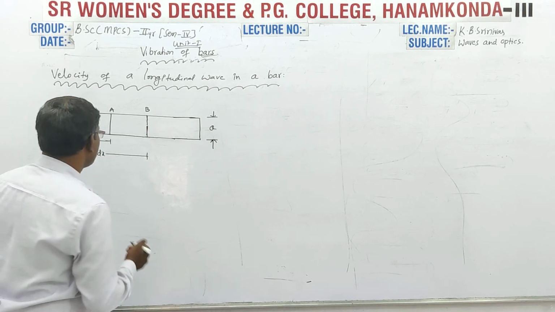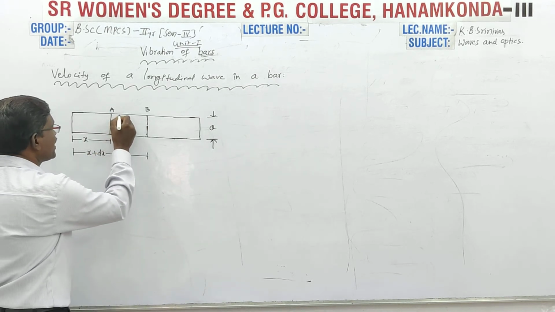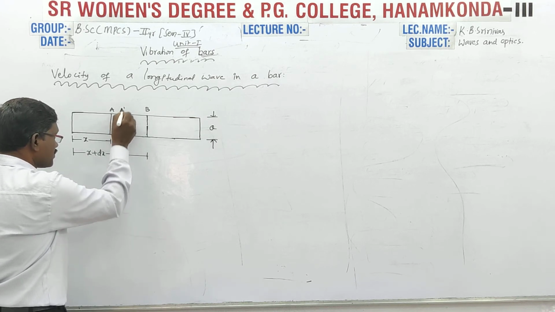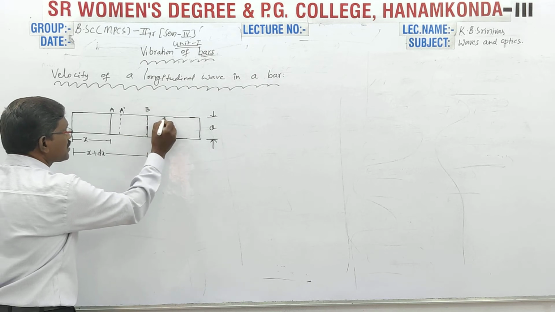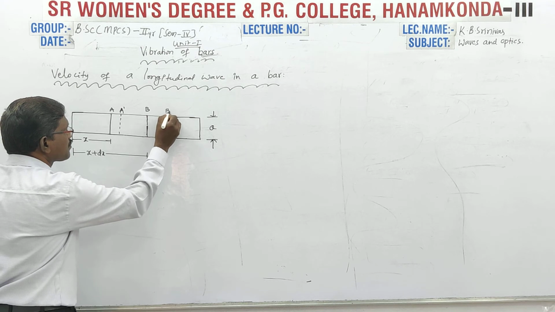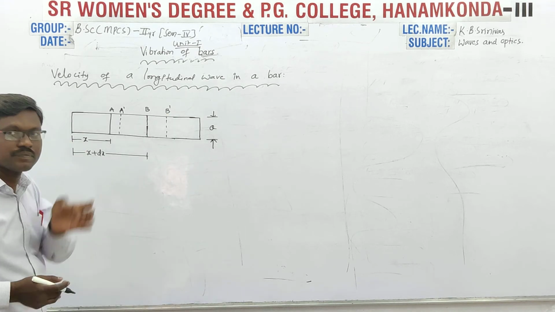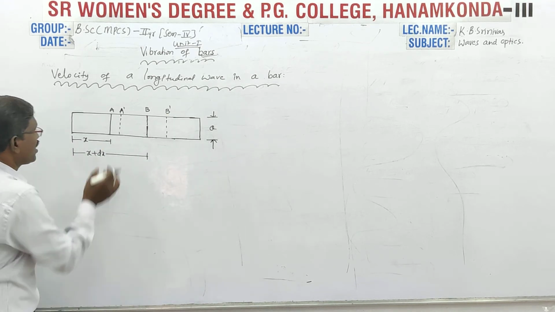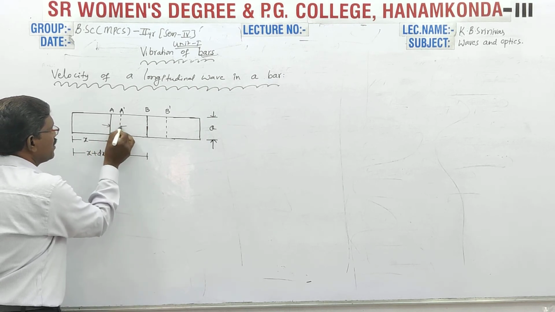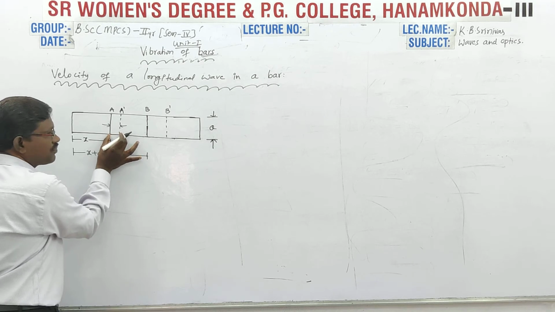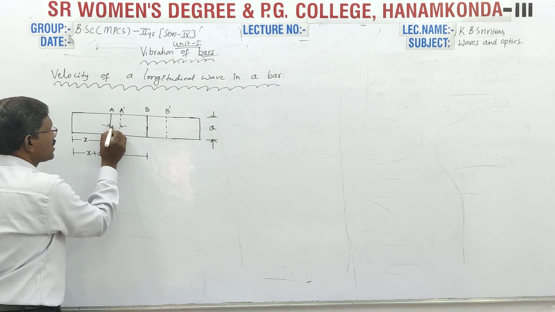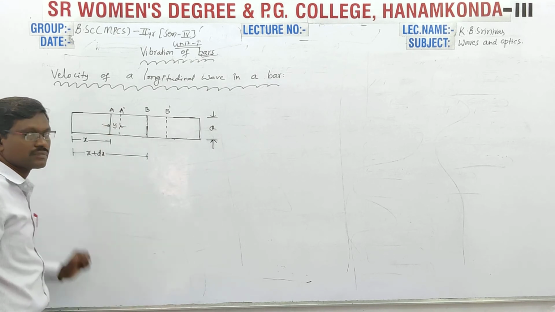Due to that vibration, the position of A plane changes from A to A dash, and position of B plane changes from B to, imagine like that, B dash. What is the displacement of plane A that I am representing here? This is the displacement of first plane due to that wave. The first plane is displacing from A to A dash, that I am representing by y.